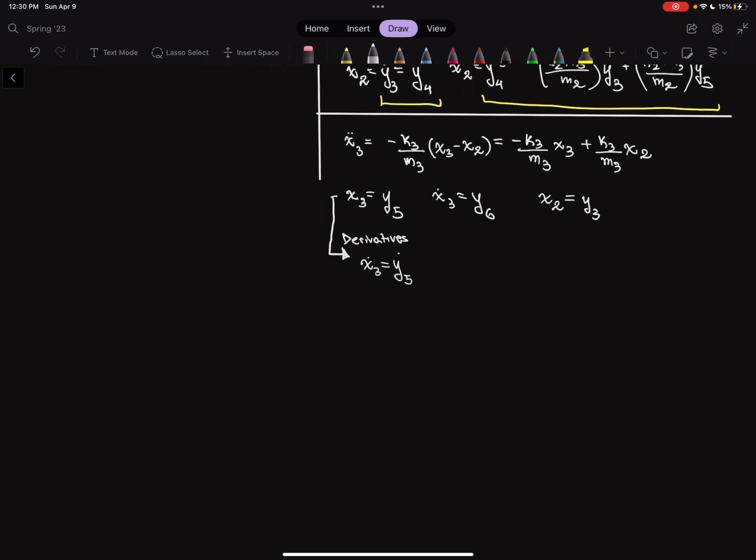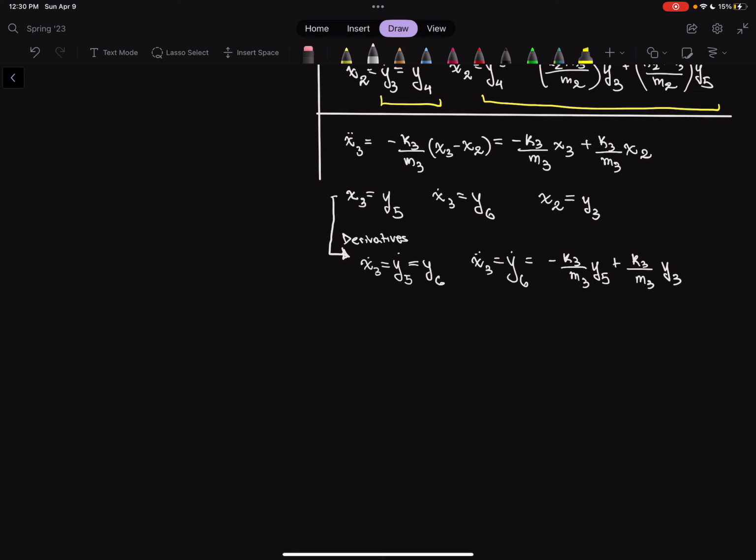So now we have that this is equal to y6. And now x double dot of 3 is equal to y prime of 6, which is equal to our expression over there, which is negative k3 over m3 times x3, which we said is y5, plus k3 over m3 times x2, which we said is y3.